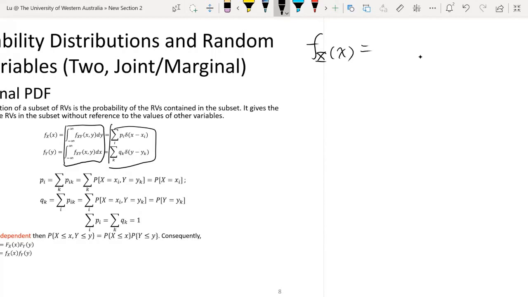It is equal to, if you have continuous random variables, integration from negative infinity to positive infinity with respect to the other random variable, which is Y in this case. And inside the integration, we just need to put our joint PDF.